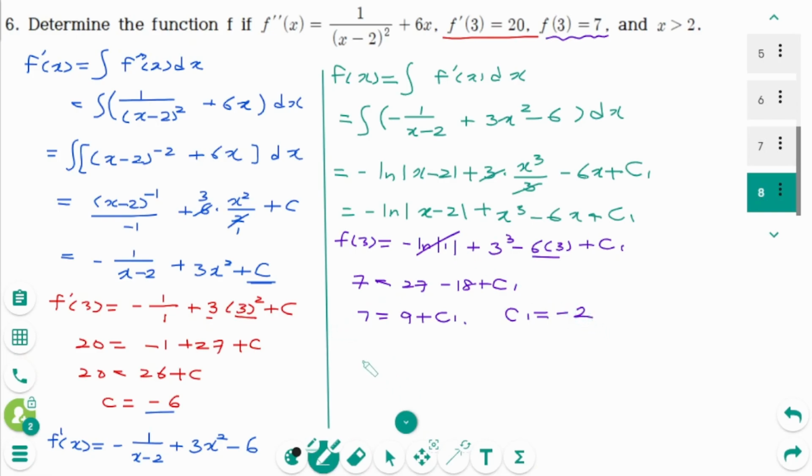The final answer: f of x equals minus ln absolute value of x minus 2, but x is greater than 2, so we don't need the absolute value sign, just brackets: x minus 2, plus x cubed minus 6x plus c1, which is minus 2.